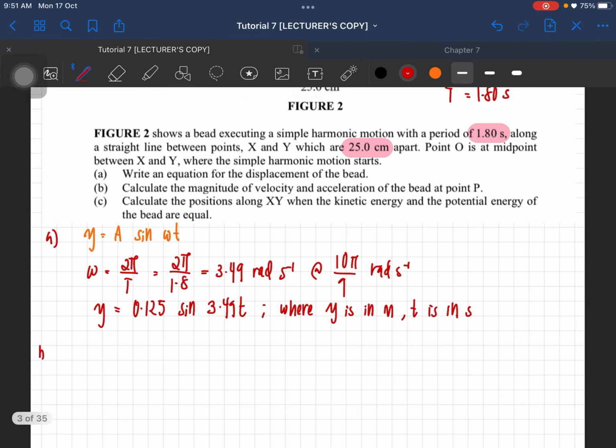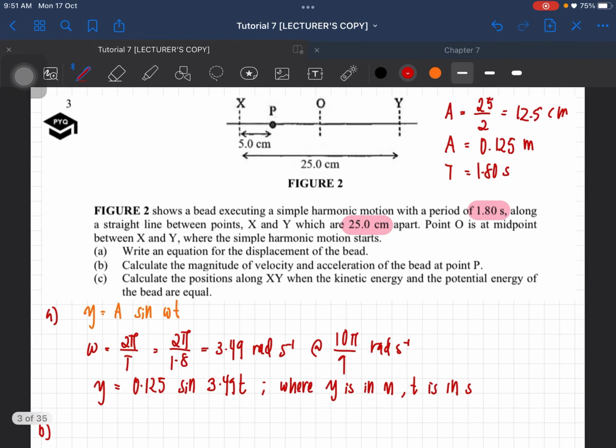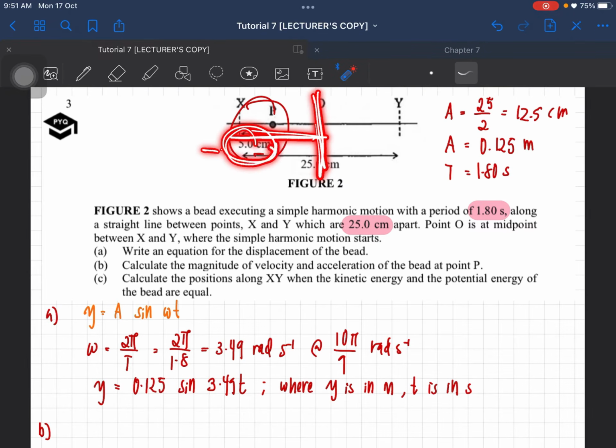Next, we have to calculate the magnitude of velocity and acceleration of the bead at point P. At point P, what is y equal to? Y is equal to 0.125 minus 0.05.